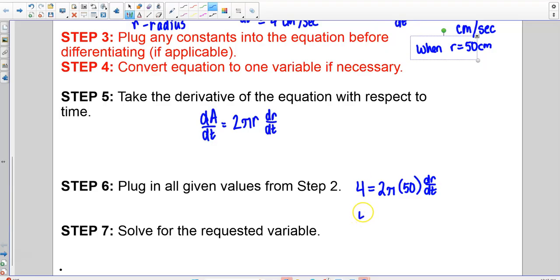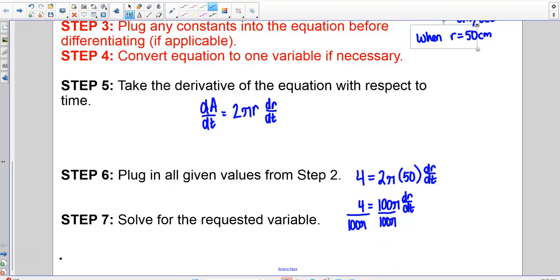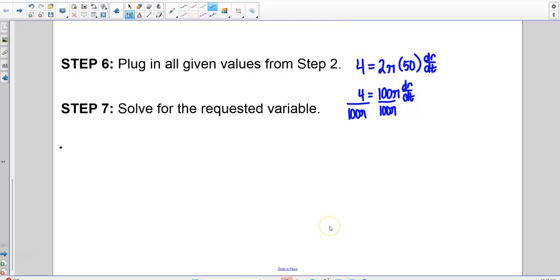So I am just going to solve now. I've got 4 equals 100 pi dr/dt. We'll divide by 100 pi. And when I do that, that'll reduce to 1 over 25 pi equals dr/dt.